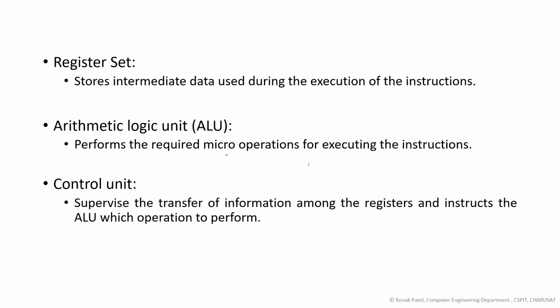Then your control unit, as I said, supervises the transfer of information among the registers and instructs the ALU which operation to perform. Which operation is to be performed and how data transfer takes place is handled by the control unit.